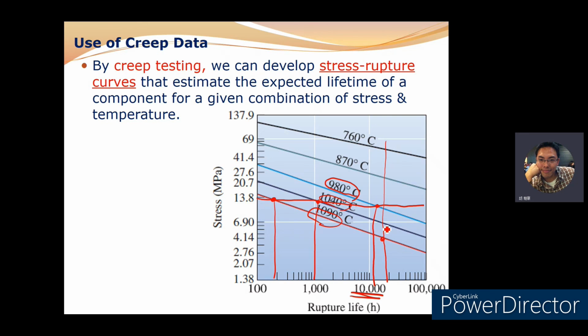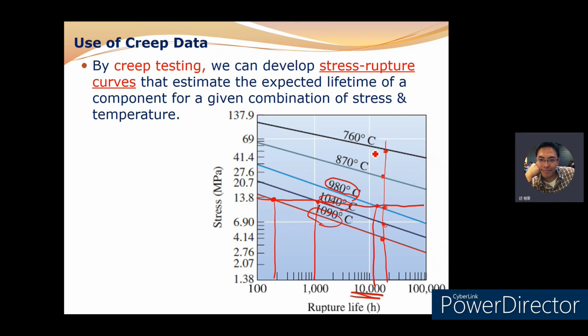So what does this figure tell us? It means you can realize that if we already design its rupture time under a creep test, we can estimate what the applied stress could be at different elevated temperatures.